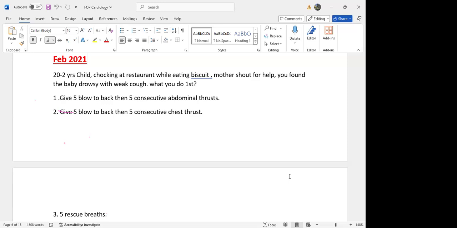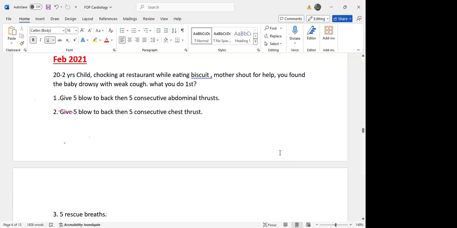If any child presents with choking, meaning something stuck in the throat, the first thing to see is the characteristic of the cough, whether the child is coughing forcefully or not. If someone is already coughing, then encourage the cough. If the child is unable to cough, you can see he's having a weak cough or he's getting drowsy as well.